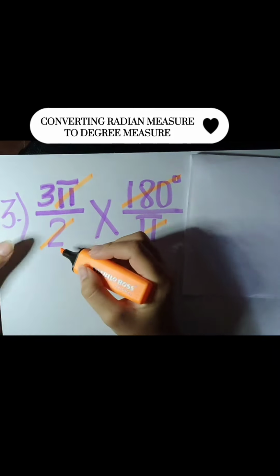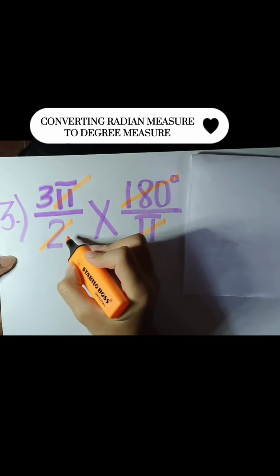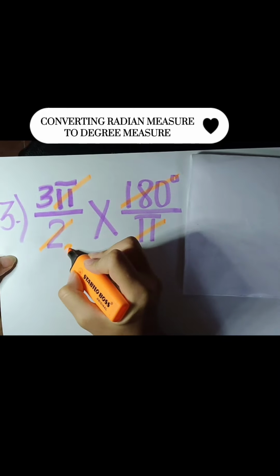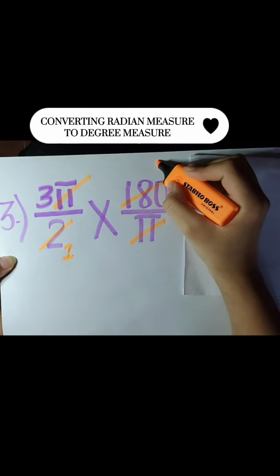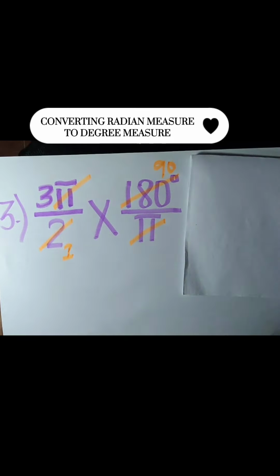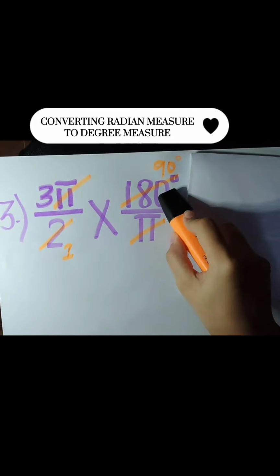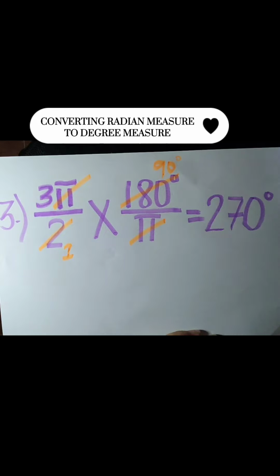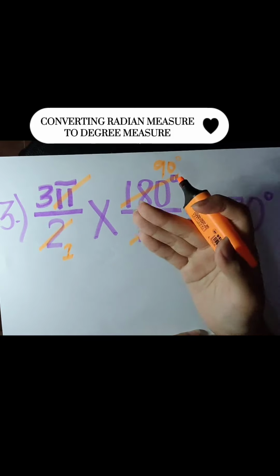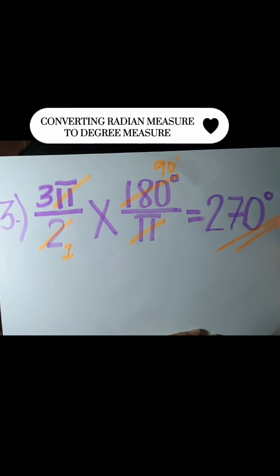Their common factor is 2. 2 divided by 2 is 1, and 180 degrees divided by 2 is 90 degrees. So the only ones left are 3 and 90. We're going to multiply it. 3 times 90 degrees is 270 degrees. So we can say that the equivalent of 3 pi over 2 is 270 degrees.